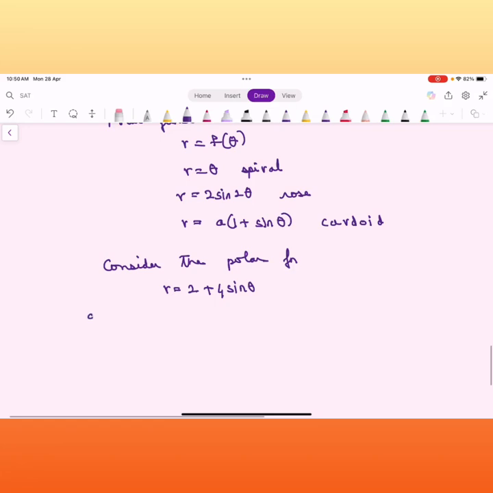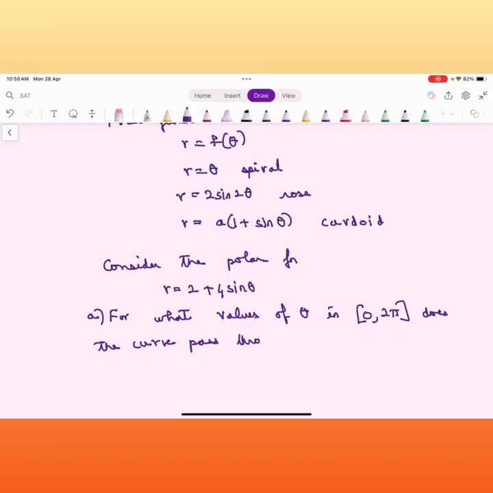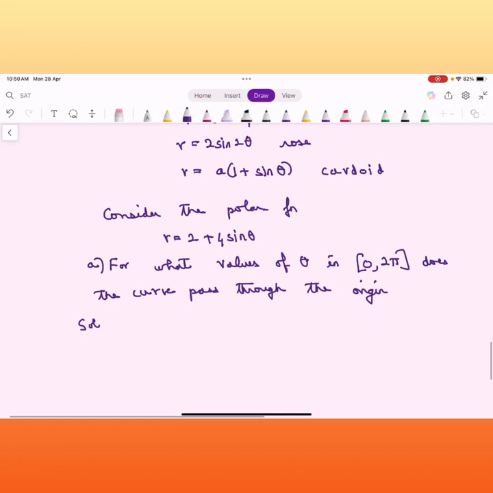The first part is a: for what values of theta in the closed interval 0 to 2 pi does the curve pass through the origin? So let's go to the solution.